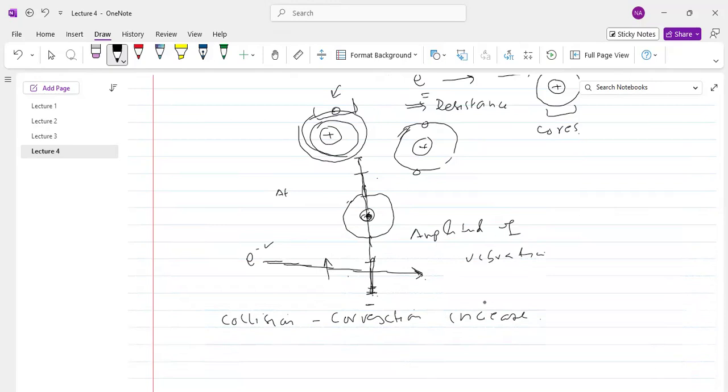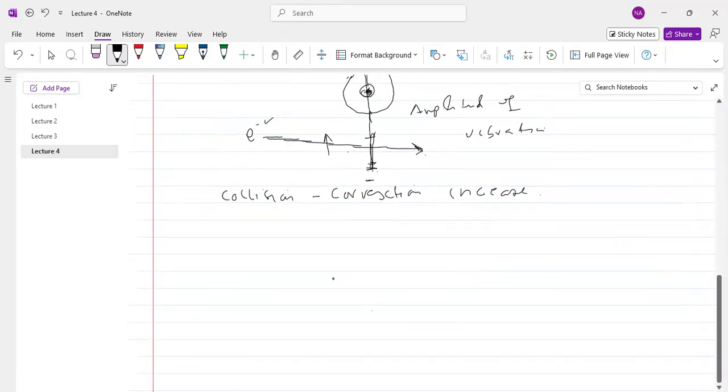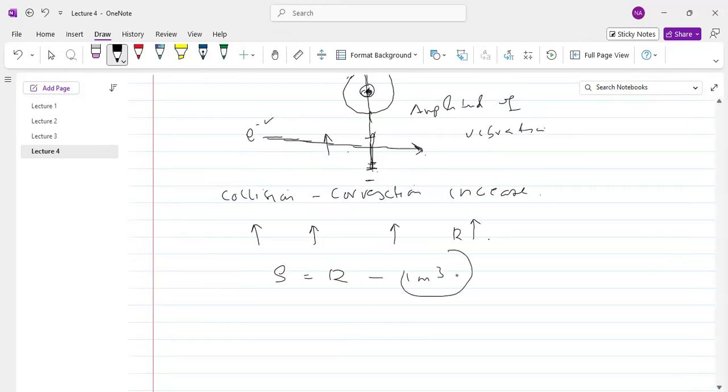Now we come to the explanation. As temperature increases, the collision cross-section increases. As a result, the number of collisions per second also increases, and the resistance increases. Since resistivity is the resistance of a meter cube of a substance, with the increase of temperature, the resistivity of the material also increases.